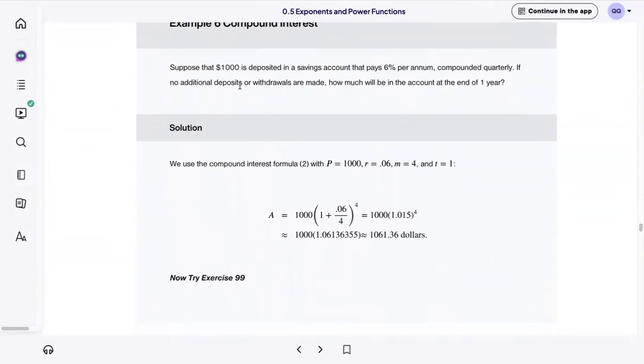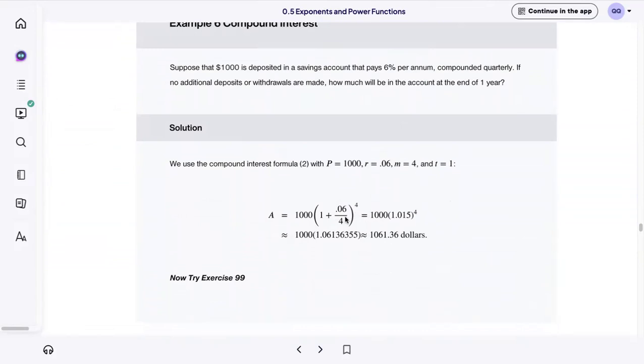So you see, invest $1,000 in an account paying 6% annually and compounded quarterly. Compounded quarterly means M equals 4. So the interest rate is 0.06, 6%. Quarterly, because we have 4 quarters in a year, so M equals 4. Only for 1 year, so T equals 1.